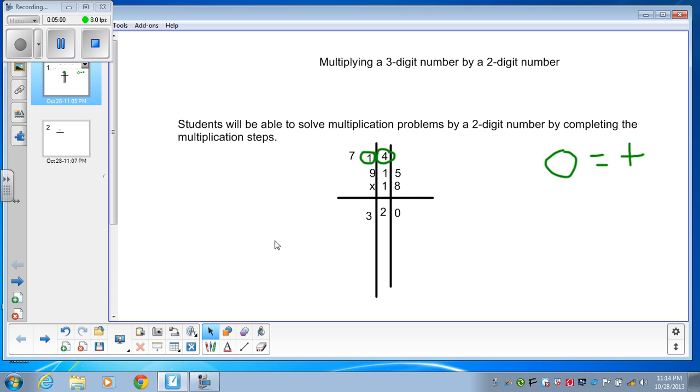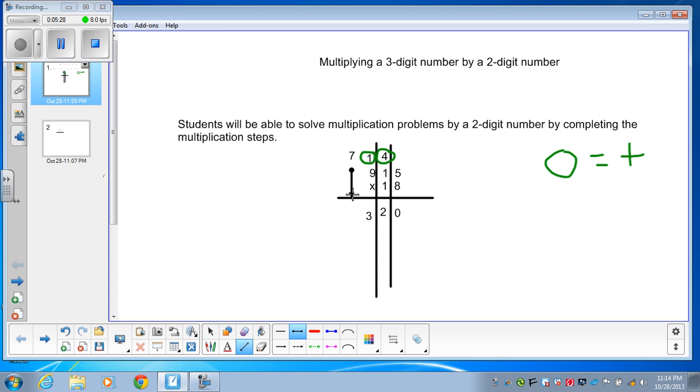I do not multiply 8 by 7, because then I'm going to get an incorrect answer. I'm going to get this huge number, and that's incorrect. What I have to do, any numbers over here that are not over another digit, I bring down.